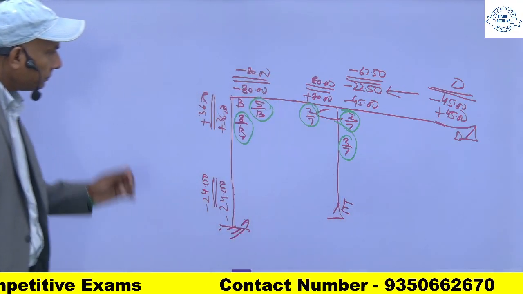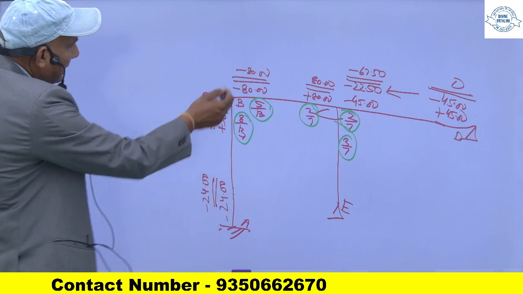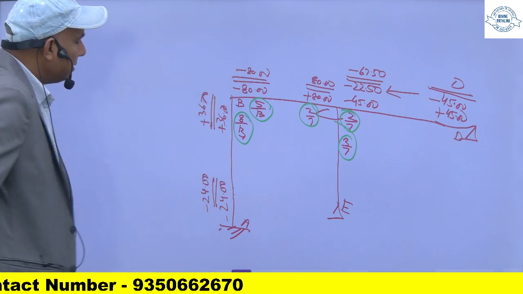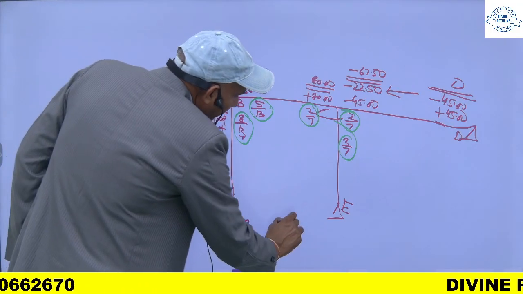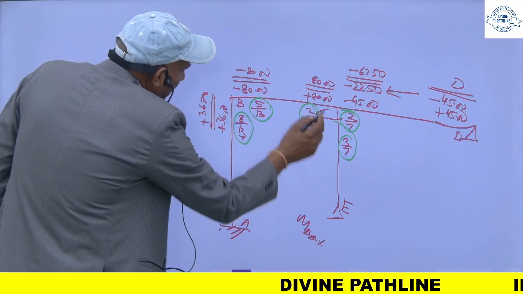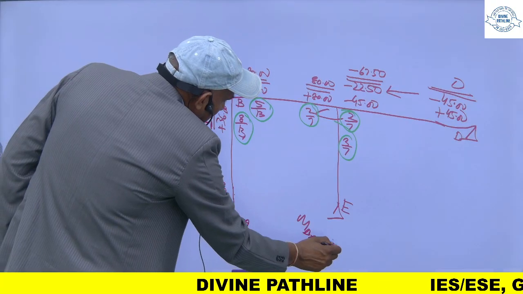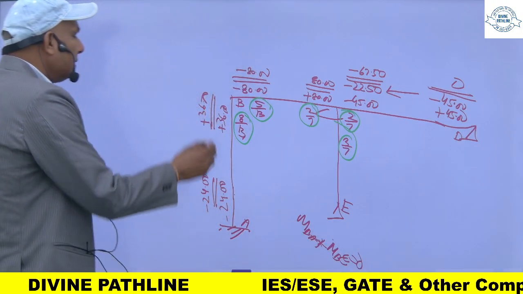Now, if you look at this joint, the sum of minus 80 and plus 36. For the equilibrium of joint B, the sum of MBA plus BC must be 0. But this sum is not 0.